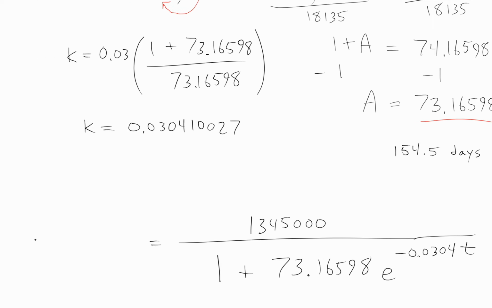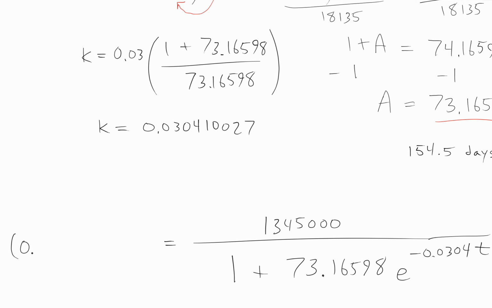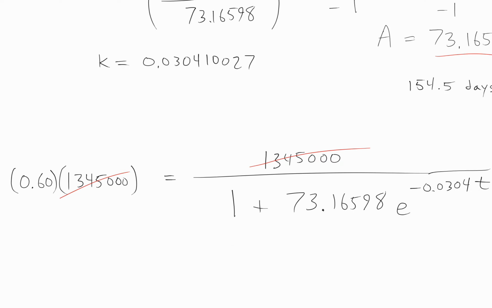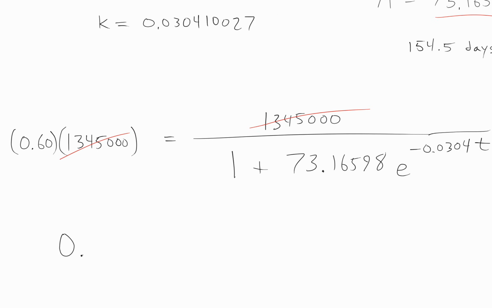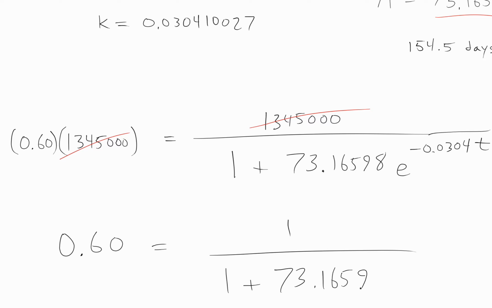So just now set that equal to 60% of the upper limit. So what'll end up happening is these are on opposite sides, so they cancel. And now you just have to solve the equation of 0.6 equals 1 over 1 plus 73.16598 e to the negative 0.0304t.